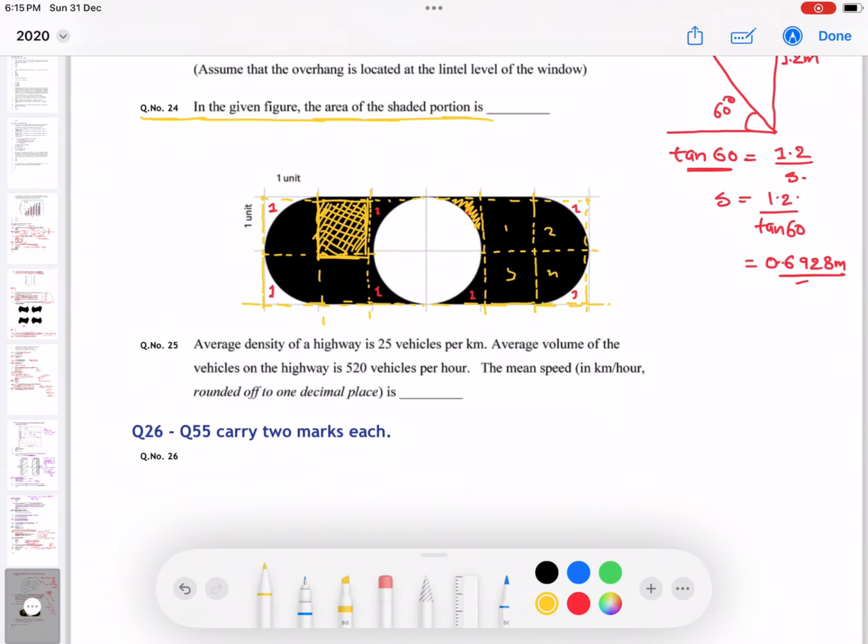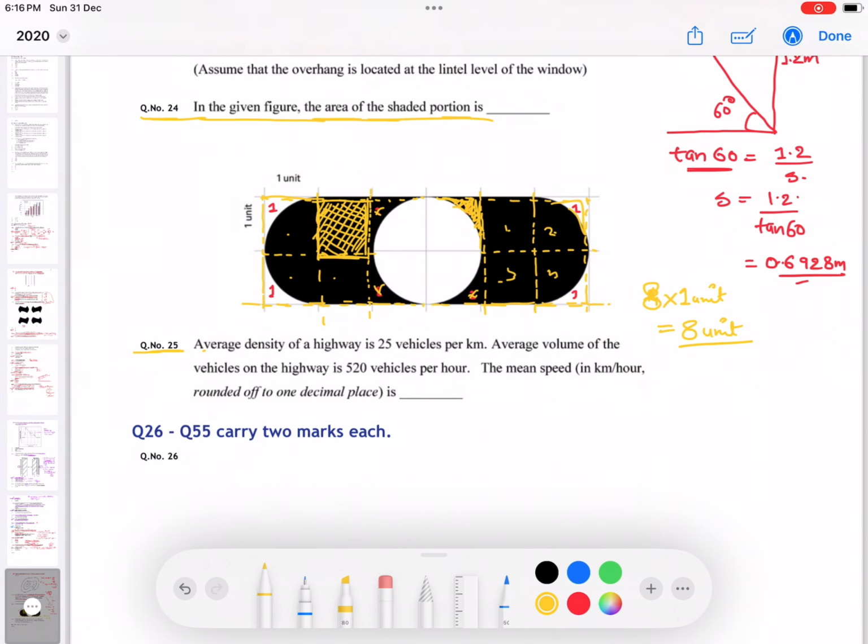After that we can see that this area which I have marked is identical to this one, so we can remove it from here and add it to here. So it simplifies and gives us 1 2 3 4 5 6 7 8 squares, each of area 1 unit by 1 unit, so it is 1 unit. So the area equals 8 units. I hope you have understood question number 24.